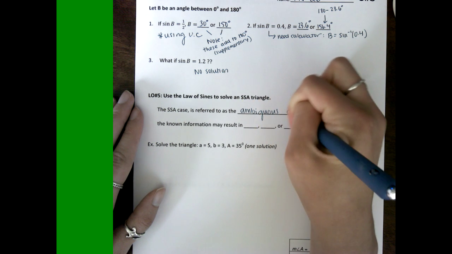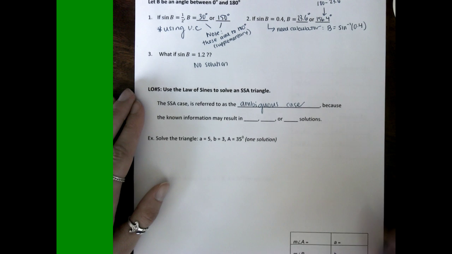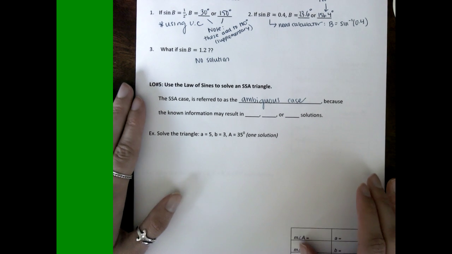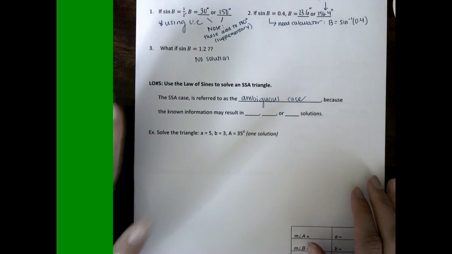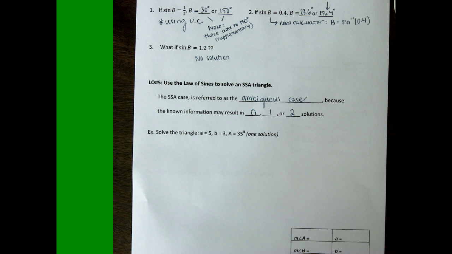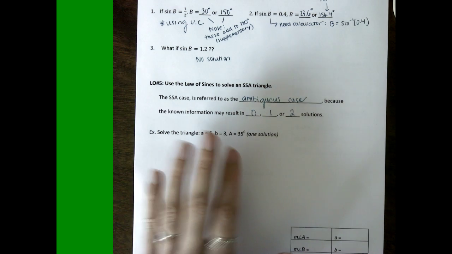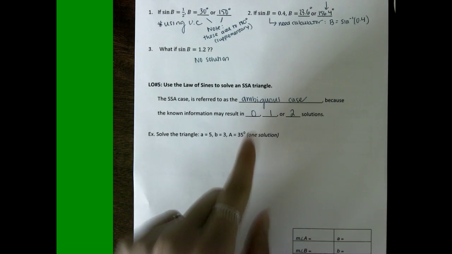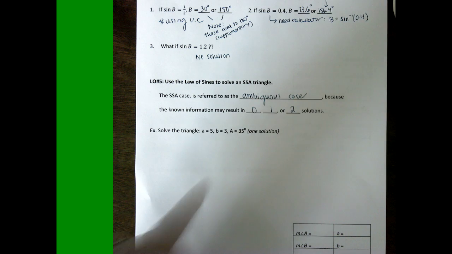The reason that it's called the ambiguous case is because the given information can either give you 0, 1, or 2 solutions. So there are 0, 1, or 2 possible triangles that will result when you are given this information. So we will go through one example of each. We're going to start with one solution.